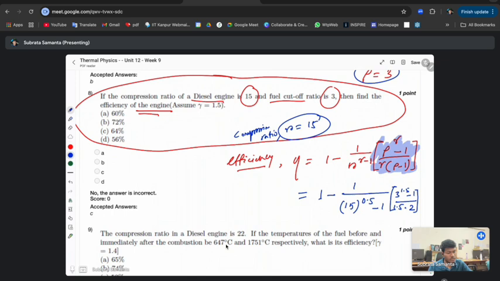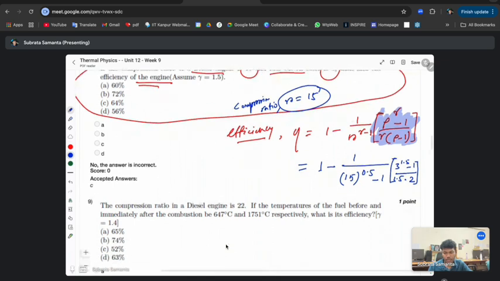Once you calculate this, the value becomes 0.6385.